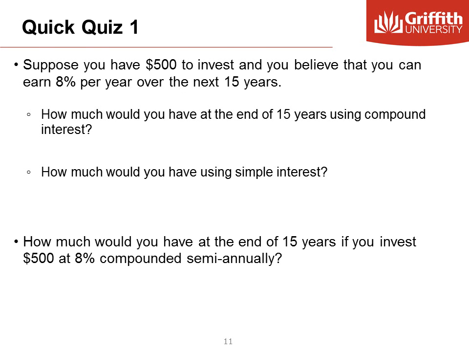Now take some time to solve these problems. Suppose you have $500 to invest and you believe that you can earn 8% per year over the next 15 years. How much would you have at the end of the 15 years using compounding interest? And recalculate again, how much would you have using simple interest?